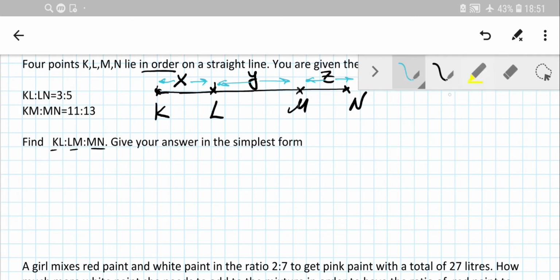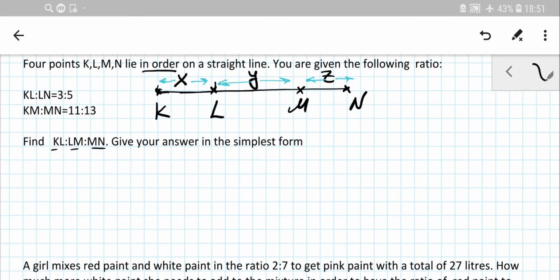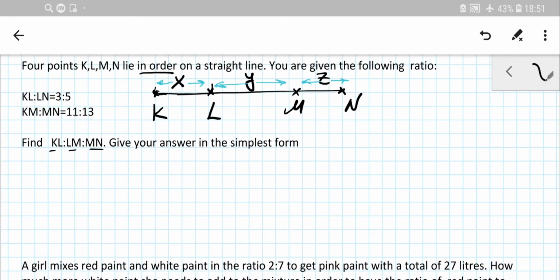Now what we need to do is, first of all, write these ratios in terms of X, Y, and Z. So KL is X to LN, which is the total of Y and Z together, so Y plus Z, equals 3 to 5.